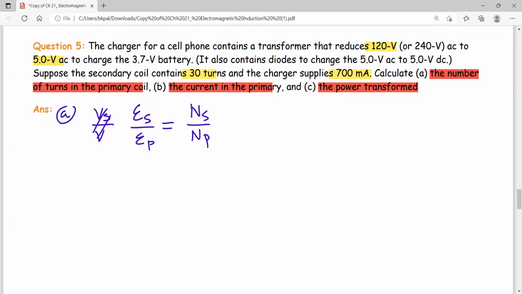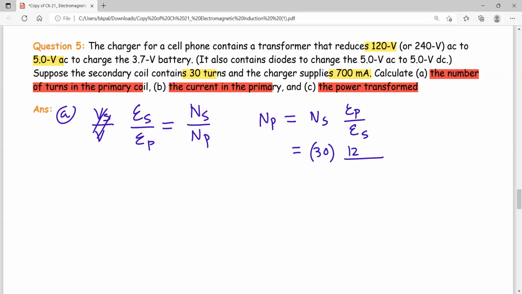Here we have to calculate the number of turns, NP. So if I solve it for NP, I get NS times EP over ES.